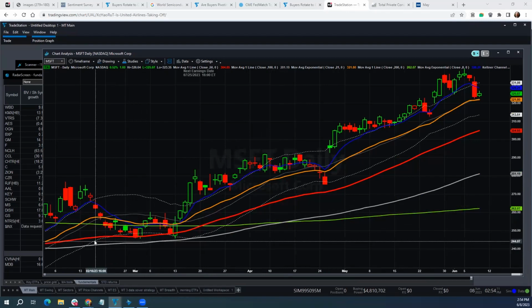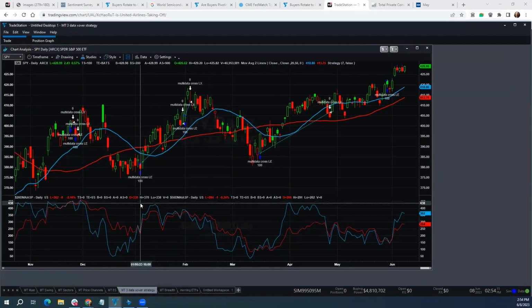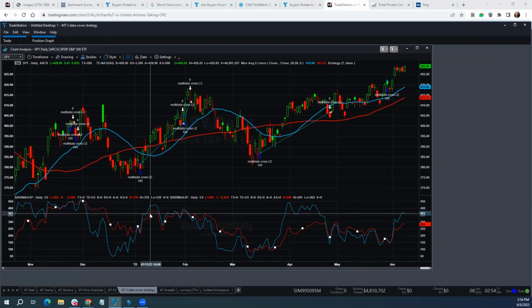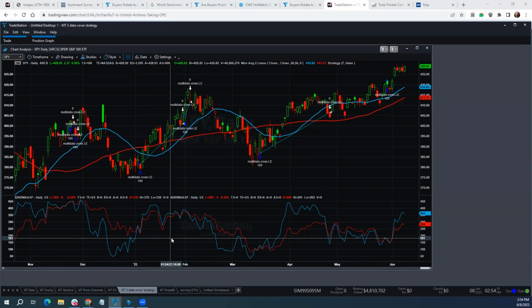I will also remind you that we had created this crossover strategy based on the number of stocks with the 20-day against the 50-day. We talked about this at different points in time. This was expanded from our breadth workspace, and it has really been an interesting strategy.